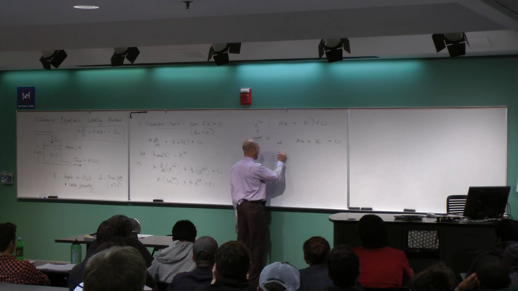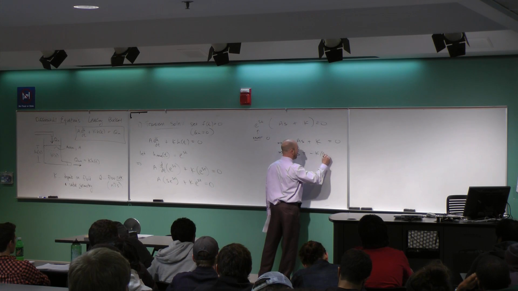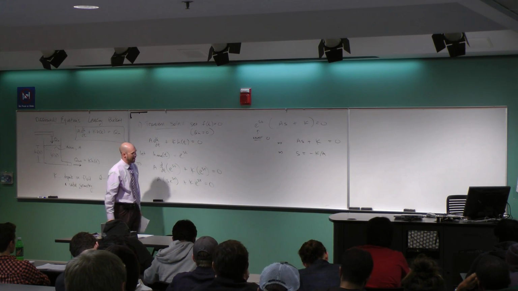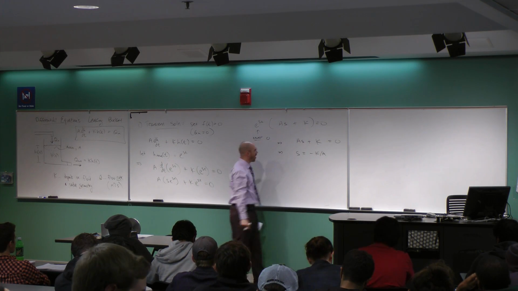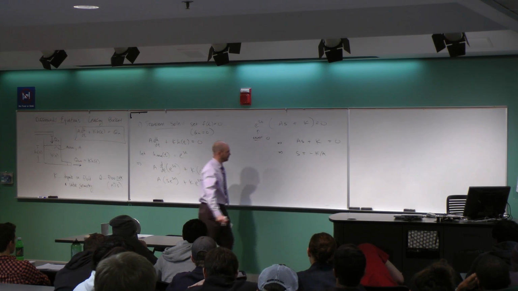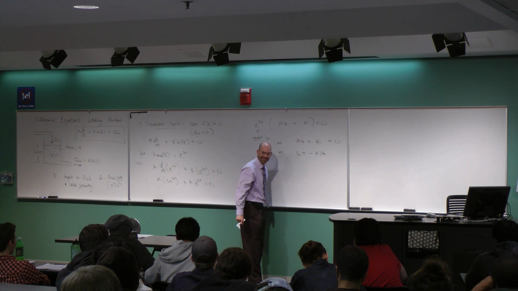How many solutions to that are there? There's just one. S, sorry, is minus k divided by a. Yes? All right, so I got an s. How many s's are there? 1. That's S1. It's the only s.